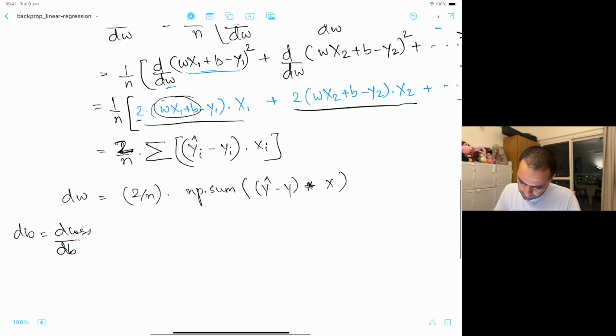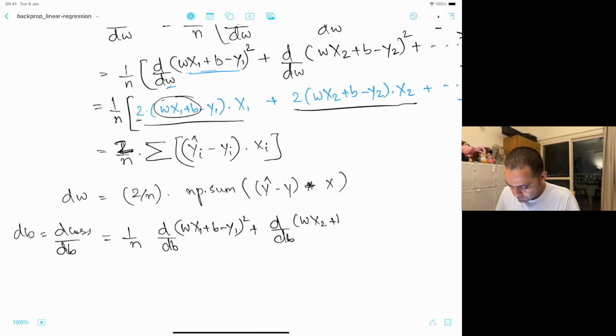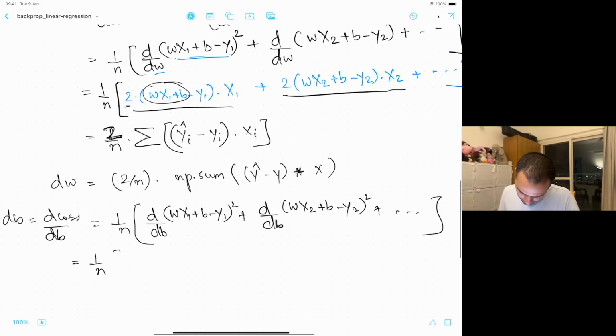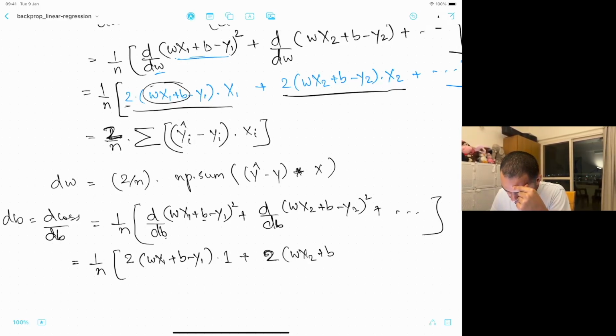We can write it as 1 by n, d over db of wx1 plus b minus y1 squared plus d over db of wx2 plus b minus y2 squared plus so on, equals 1 over n times 2 times wx1 plus b minus y1, and the derivative of b with respect to b is 1, plus 2 times wx2 plus b minus y2 times 1, and so on.